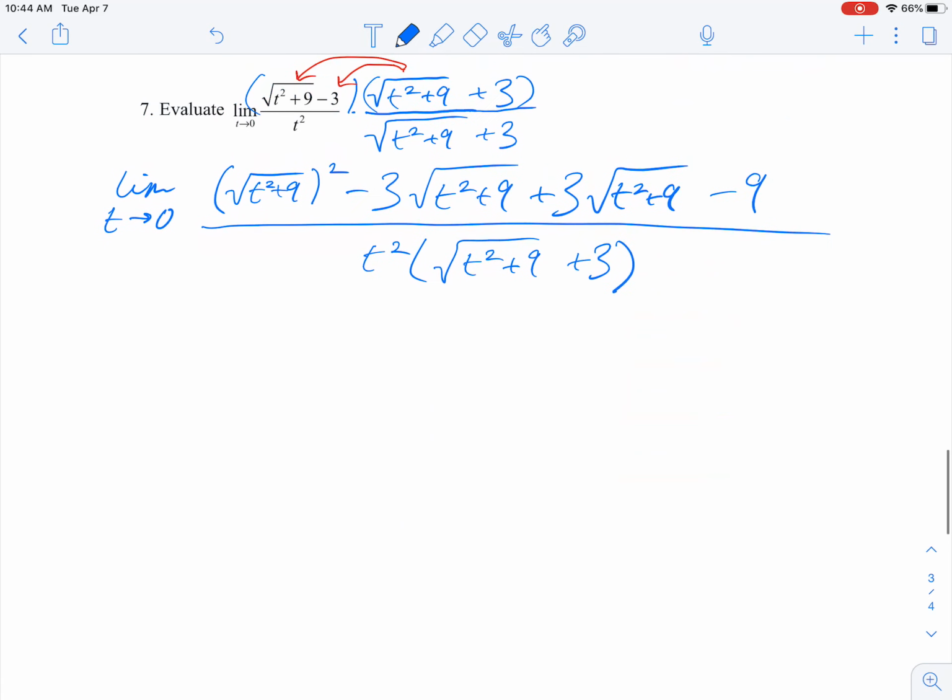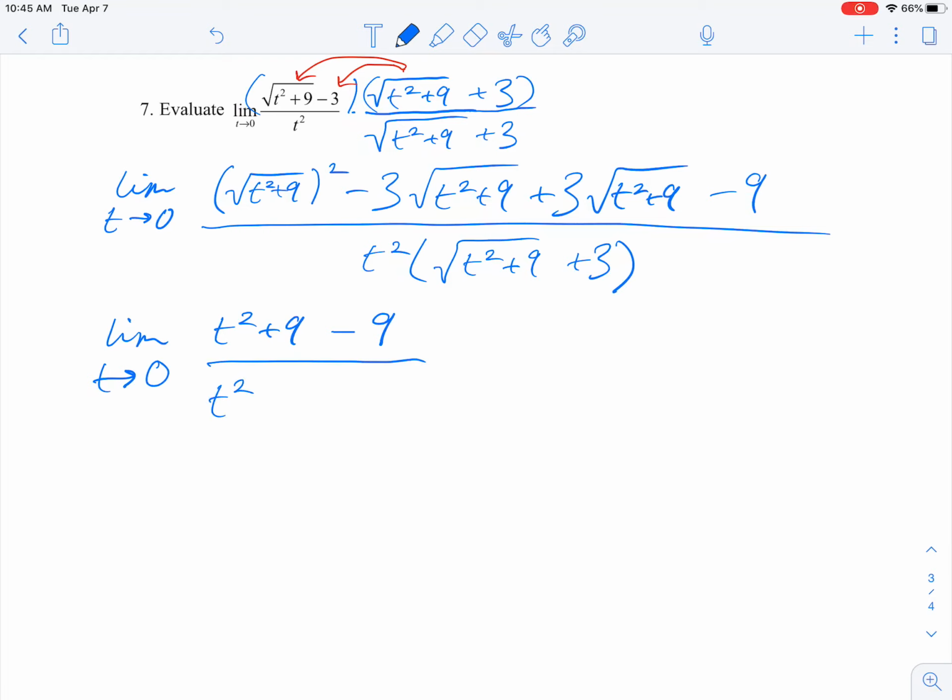Okay, now this, come back. This term right here, the square and the square root undo one another. So we could think of this as just t squared plus 9. Next, these two terms, they cancel. Nice conjugate behavior. So we should be down to t squared plus 9 minus 9.